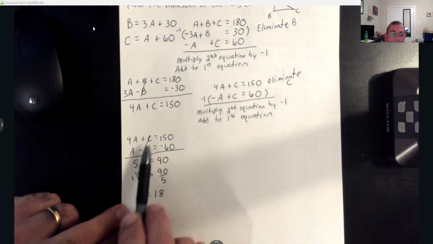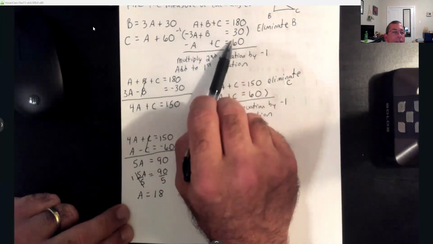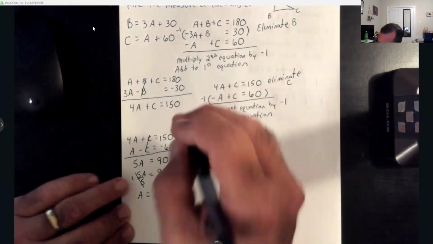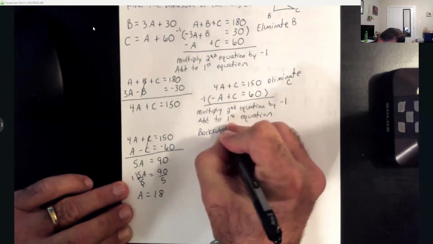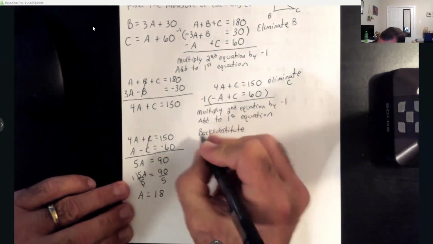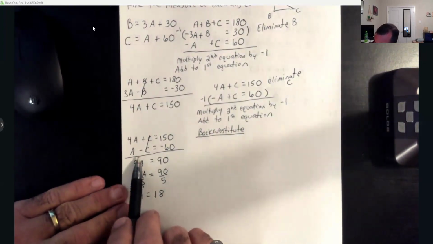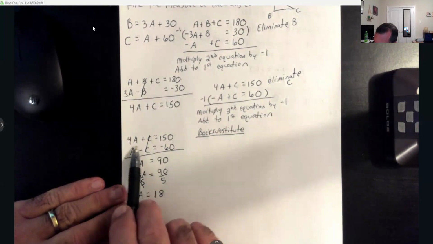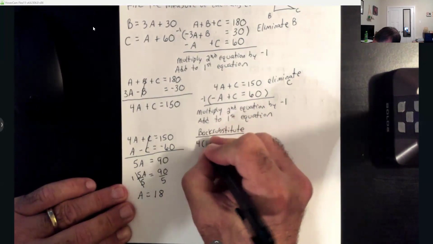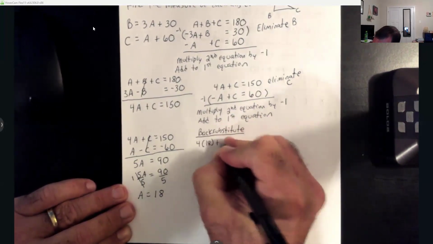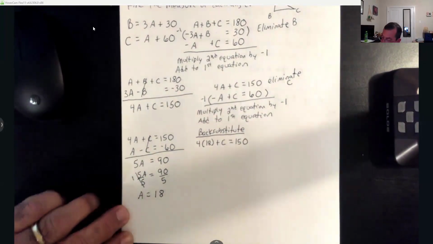Once I got my C and my A, I'll go into one of my 3 original equations and solve for my third one. So now let's back substitute. So y'all, I'll do the first one. 4 times A. So that'll be 4 times 18 plus C equals 150.